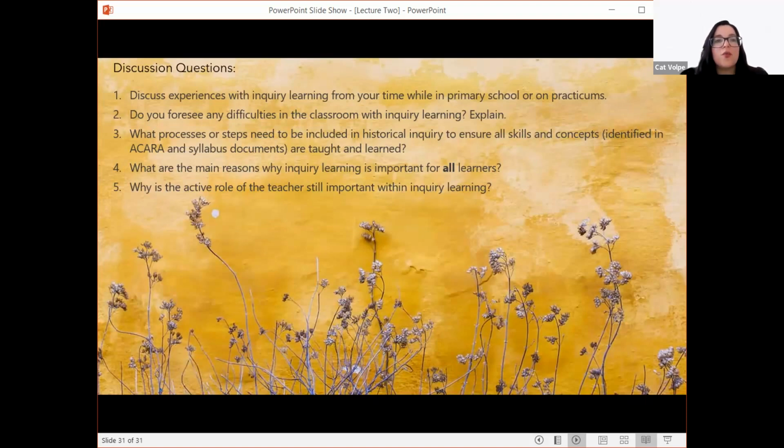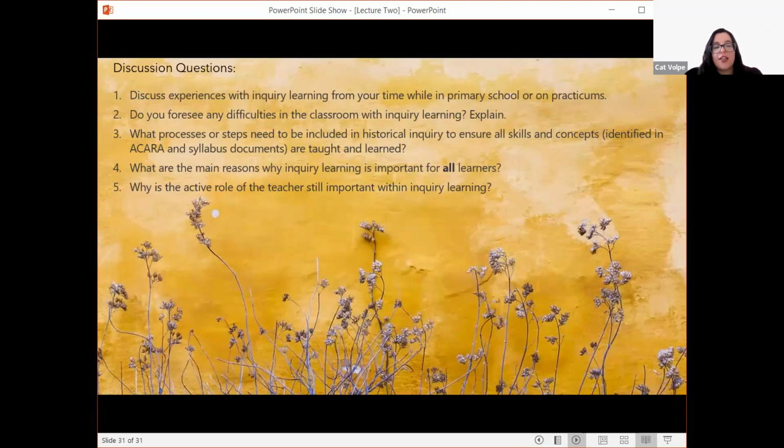There's some research out there that has talked about how inquiry learning is often more for the high achieving students, so the students who do quite well, don't need a lot of support. But it's actually been found that the students who, I suppose, are having difficulties in classrooms, perhaps with literacy or numeracy, can actually benefit the most from inquiry learning.